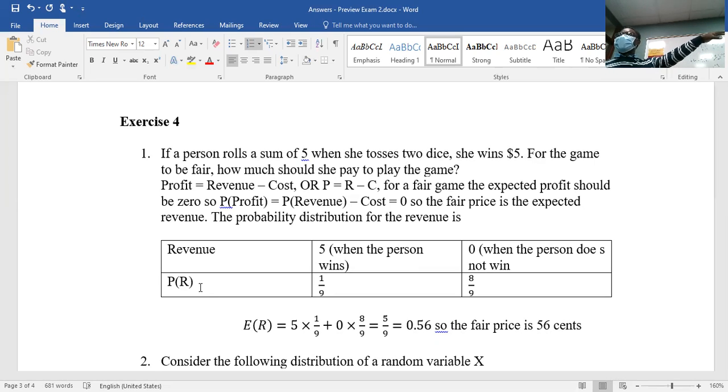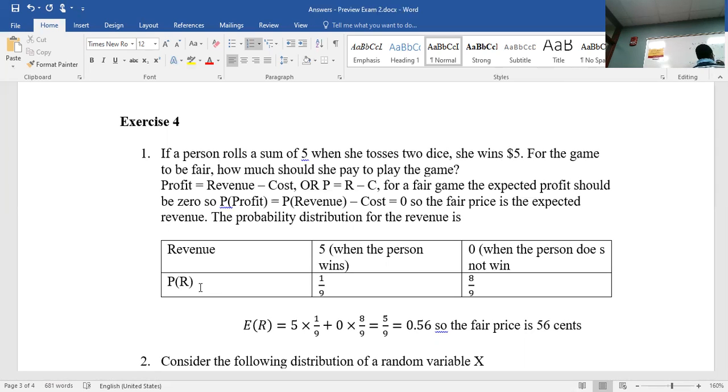You don't need to explain all of that to me. So if it is on the exam, you only need to tell me that the fair price is the expected revenue. So essentially, you will say here, fair price equal to expected revenue.